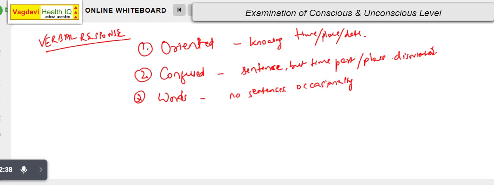I have seen even patients with global aphasia occasionally talking some words. Occasionally, yes, no, not very clear, depending on the condition, but occasionally words, obviously no sentence, not even a three-word sentence.